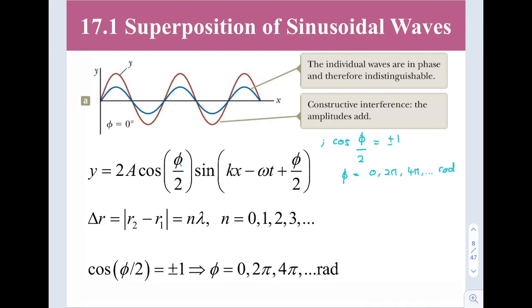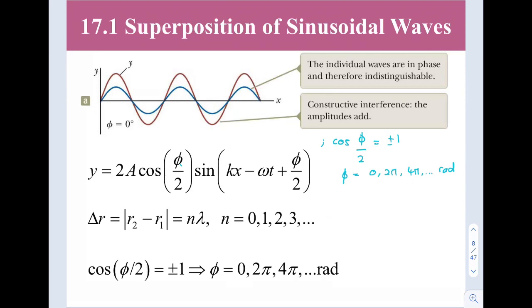So what does that mean in terms of path difference? Here, delta R is the path difference between R2 and R1. It must be a multiple of n lambda, where n is 0, 1, 2, 3, and so on, an integer. If the path difference is 0, firstly, constructive interference happens.